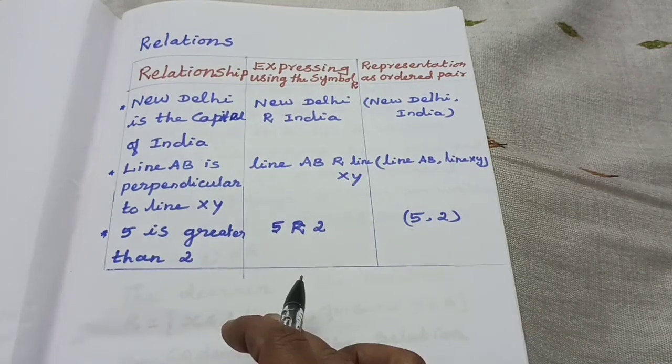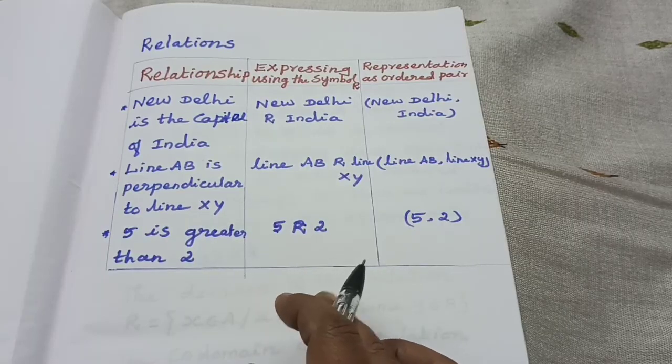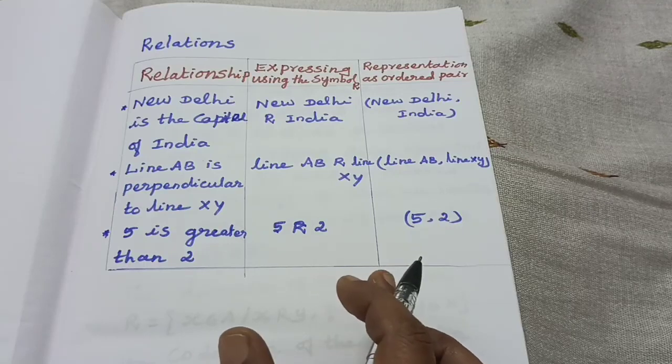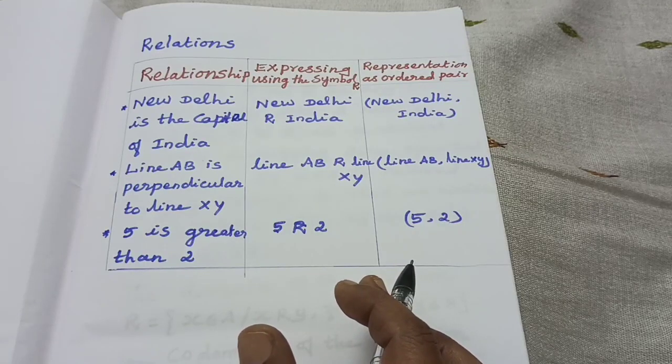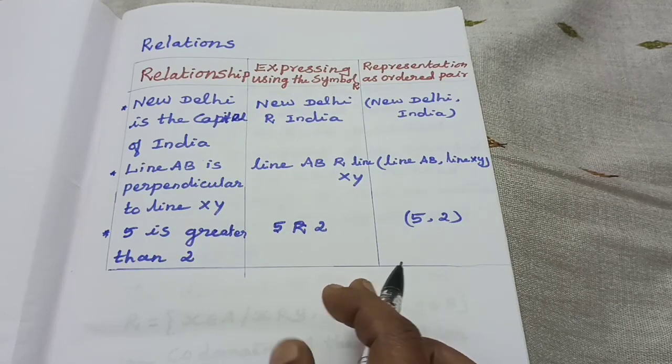So we can say a relation is the connection between two or more things, the way that people, groups, countries, etc. feel about or behave towards each other.